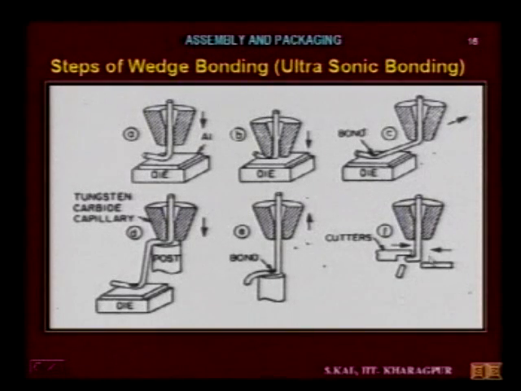So this is the shape of the cutter. You can see here how it is cutting. This is one piece, and another piece of metal. They are pushed together so that the wire is separated out. In this way the wedge bonding is done, and since the energy used here is ultrasonic energy, it is also called ultrasonic wire bonding.